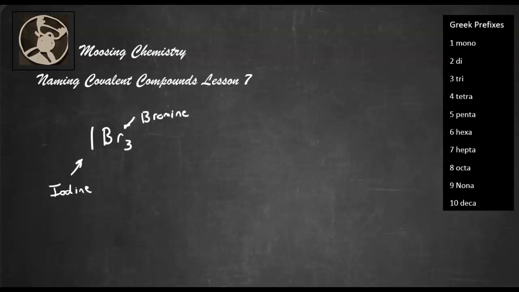We're going to write iodine. We're not going to change the name of the first one. So we go iodine. Now, why don't we call it monoiodine? Because technically we have a 1 right there, but we don't write it. Why don't we use it? Well, because you never use mono.